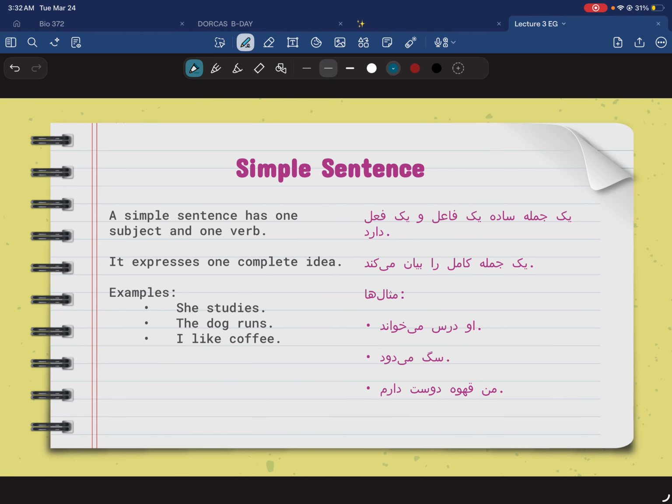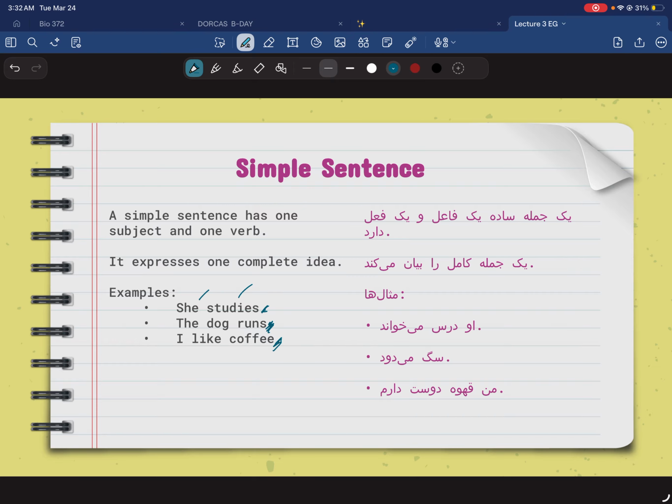So a simple sentence has one subject and one verb. It expresses a complete idea. So something like, she studies, is going to be a complete idea, and it has a subject and a verb. So because of that and it expresses a complete idea, she studies.